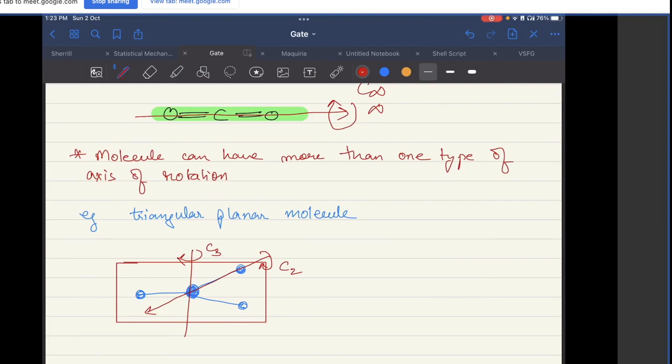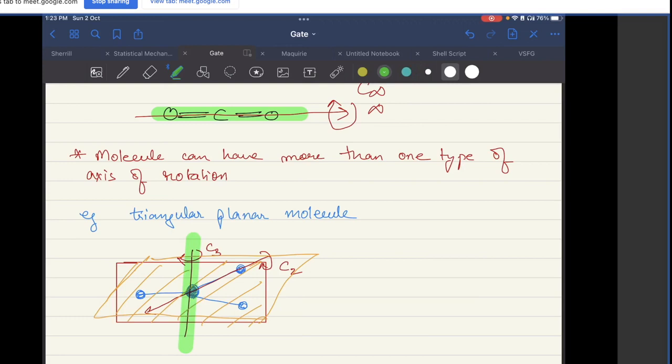Let's say this is a plane, a horizontal plane, and the molecule lies on the plane horizontally, and there are two axes of rotation I have drawn. One axis of rotation is here, this is the C3.